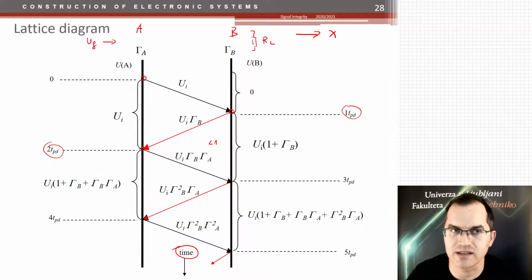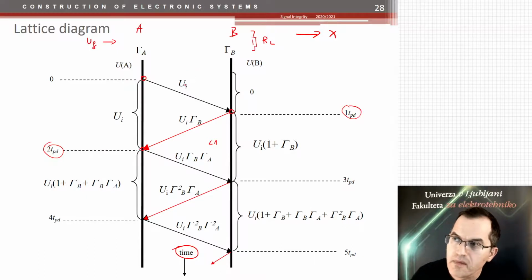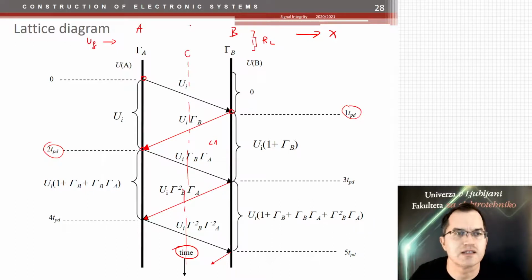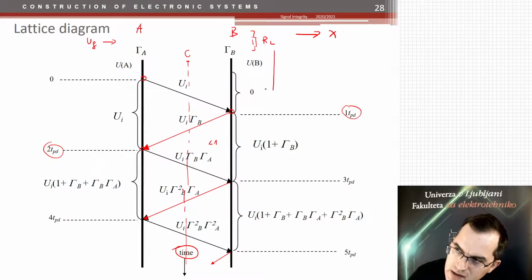So how can we help building up the signal waveform out of this lattice diagram? Well, let's say we want to know what the voltage is on the point C, which is, let's say, in the middle of the transmission line. This is the easiest way. At the point C, in the middle of the transmission line, we'll draw a signal somewhere here.